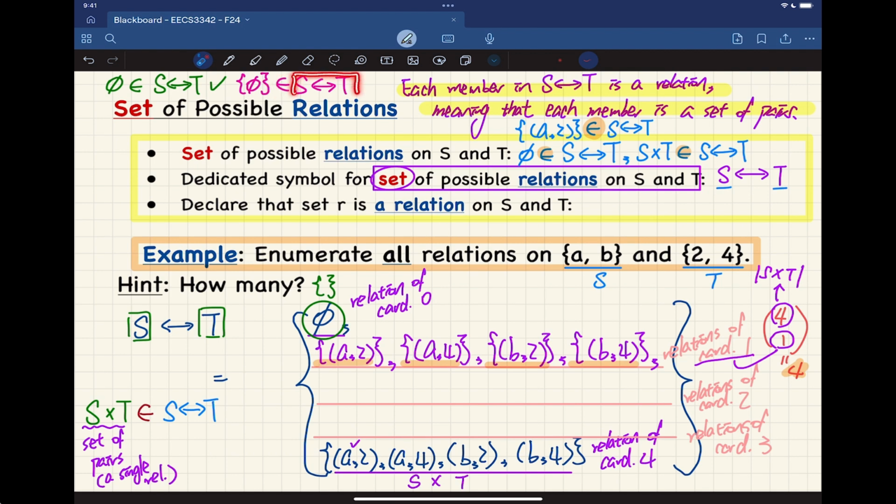This guy here is a set of all possible relations, which boils down into a set of pairs. Now, is this a set of pairs? Not really. So that's why it's not right. Okay, good question. I like it.